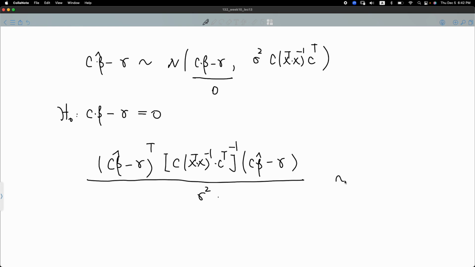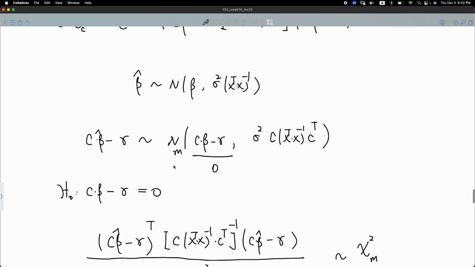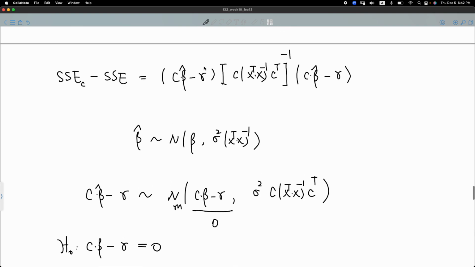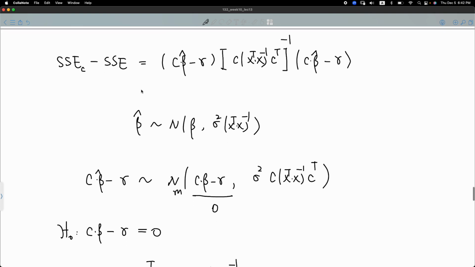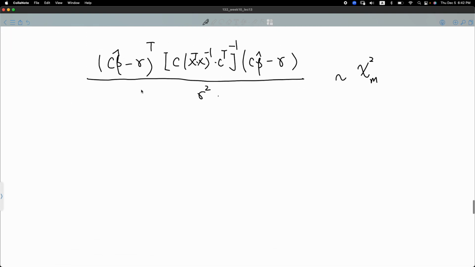So that means this one follows a chi-square distribution, and this is with degree of freedom m, because this one is an m-dimension multivariate normal. Okay, and also this one is just the sum of square residual constraint minus the sum of square residual under the unconstrained model.